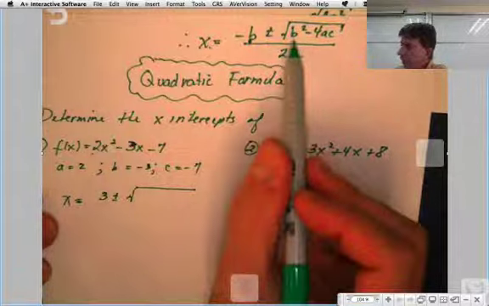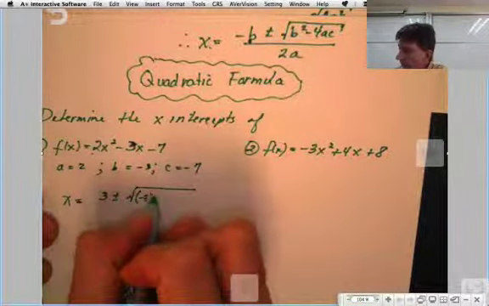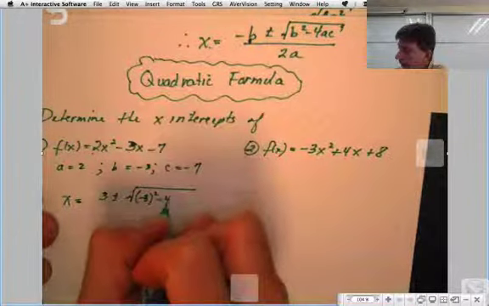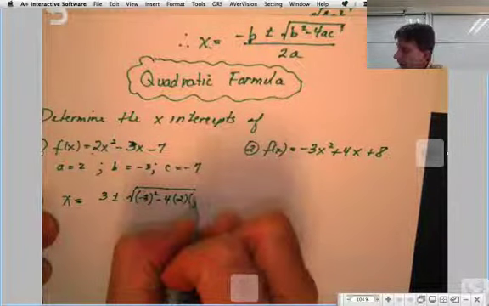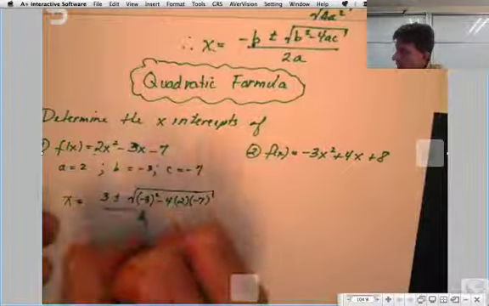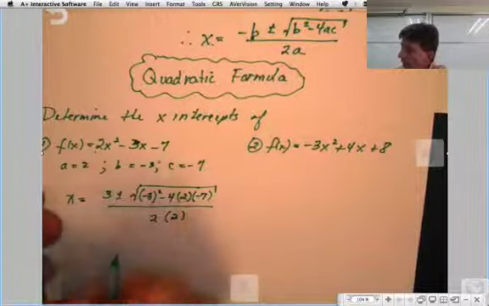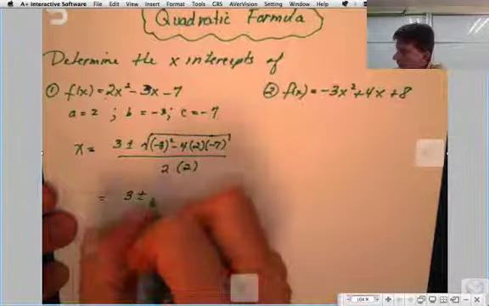This says we need to square b, and if I square negative 3, I end up getting a positive 9. Let's just write that. And then a is 2, c is negative 7, all over 2 times a. So we get 3 plus or minus the square root.